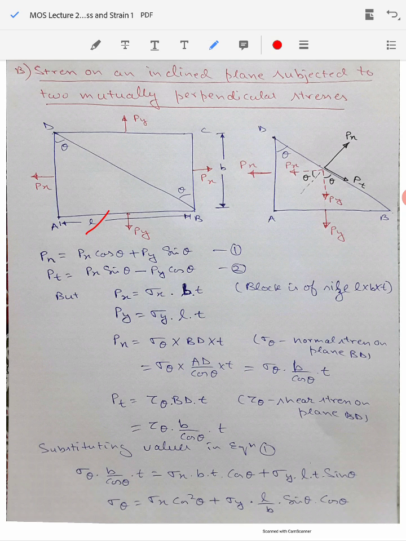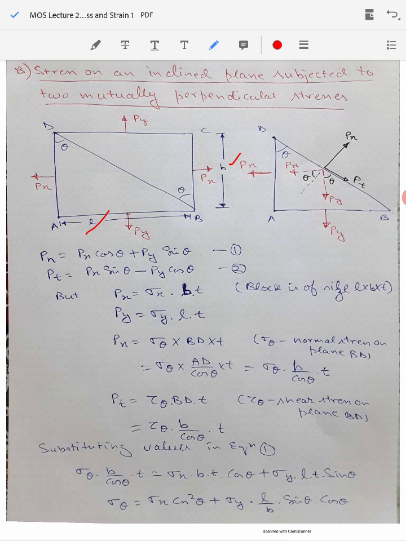Okay, the length of the rod is L, the width of the rod is B, and the thickness of this rod is T, which is in the plane of the paper, or the plane of the screen that you are watching. So length, width and thickness are L, B and T respectively, and we need to determine the normal stress and tangential stress at an angle theta to, let's say, the plane BC.